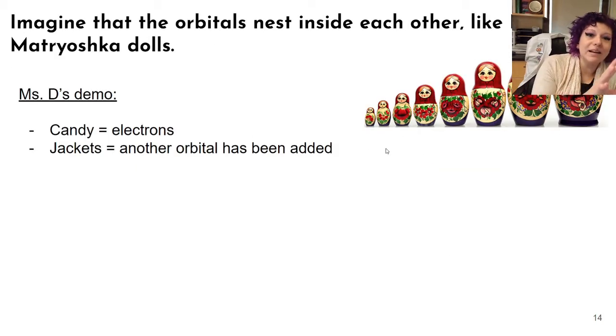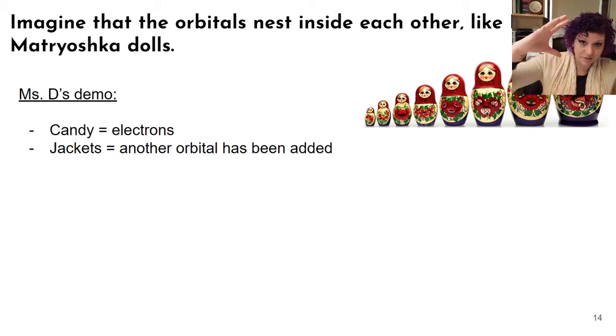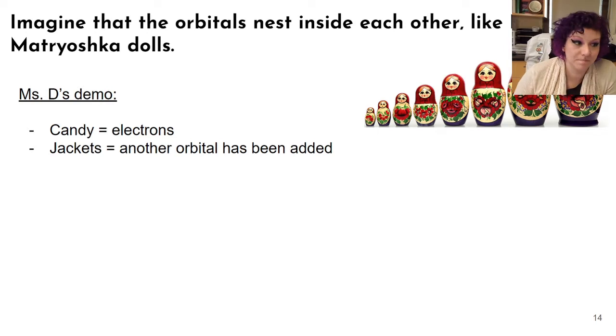But let's add another layer to that. So you can imagine that the orbitals nest inside of each other like Russian nesting dolls. So we have layer 1, layer 2, layer 3, layer 4, and so on.